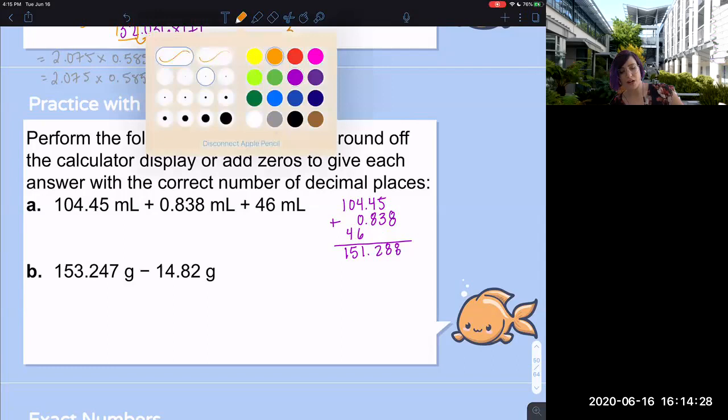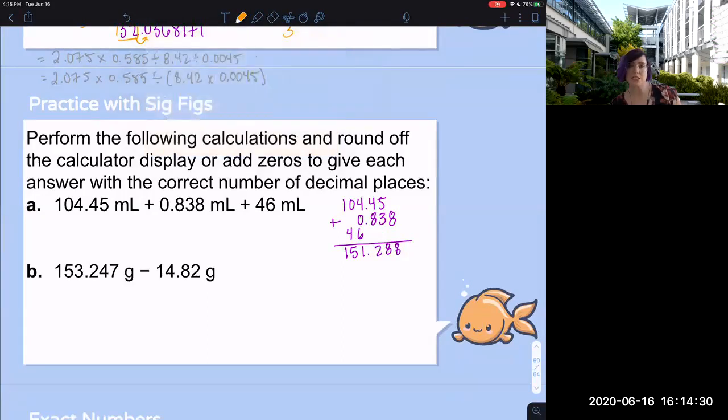And then we're going to cut it at the least precise number. So which place is the least precise? Right, it's the ones place. So we have to cut it here. To the left of the ones place, all those numbers get to stay. To the right is a 2, so I'm not going to round it up. So my answer here is 151 milliliters.